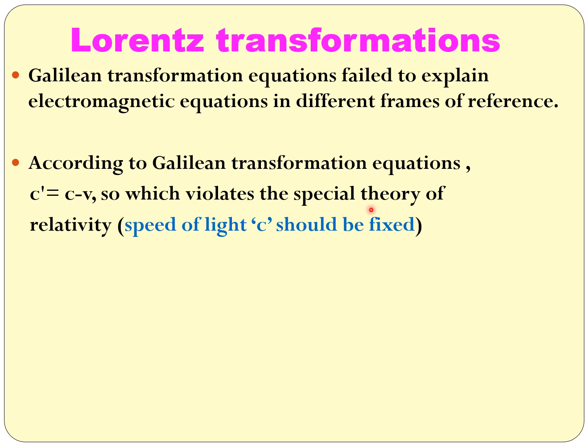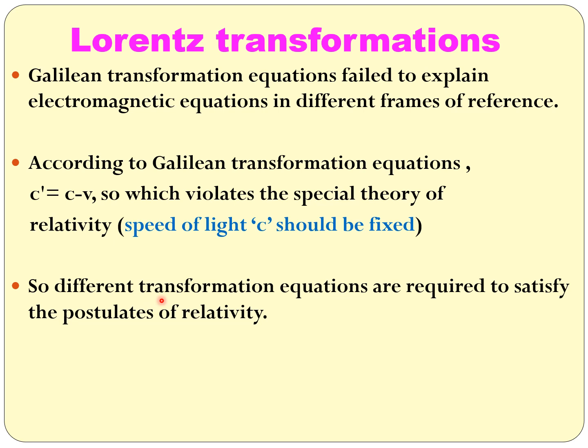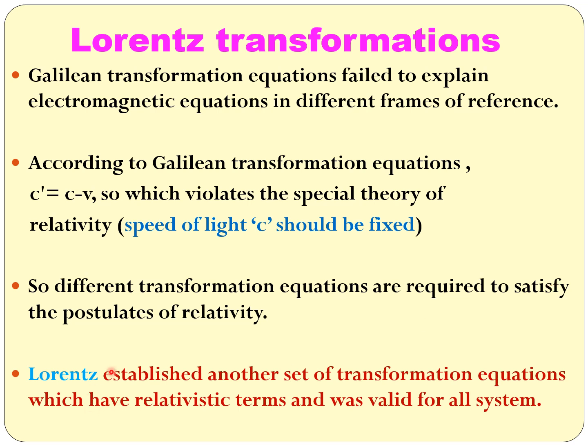So it violates the special theory of relativity, or the second postulate, because c is fixed. Different transformation equations are required to satisfy the postulates of relativity, and Lorentz established a set of transformation equations which have the relativistic term, and these were valid for all kinds of systems.